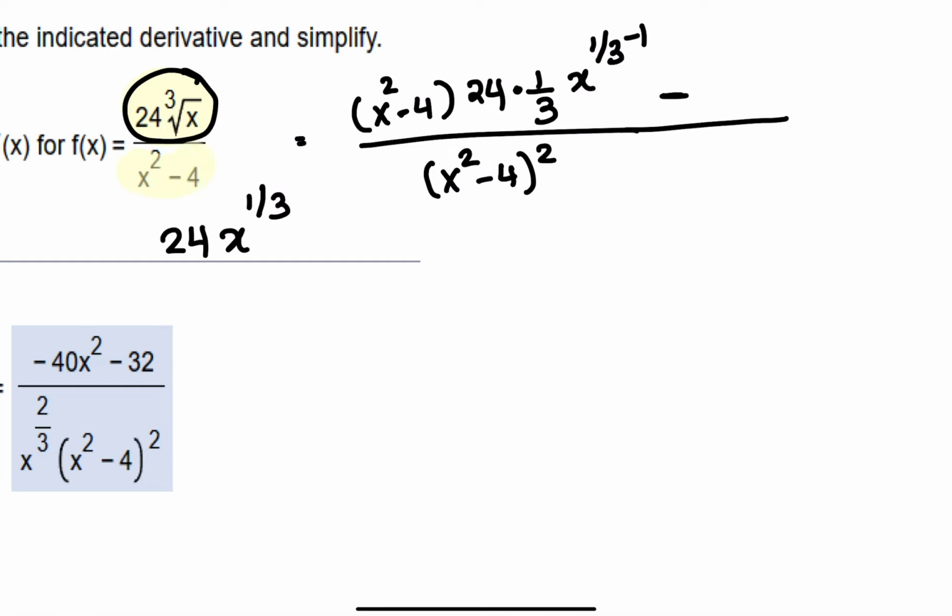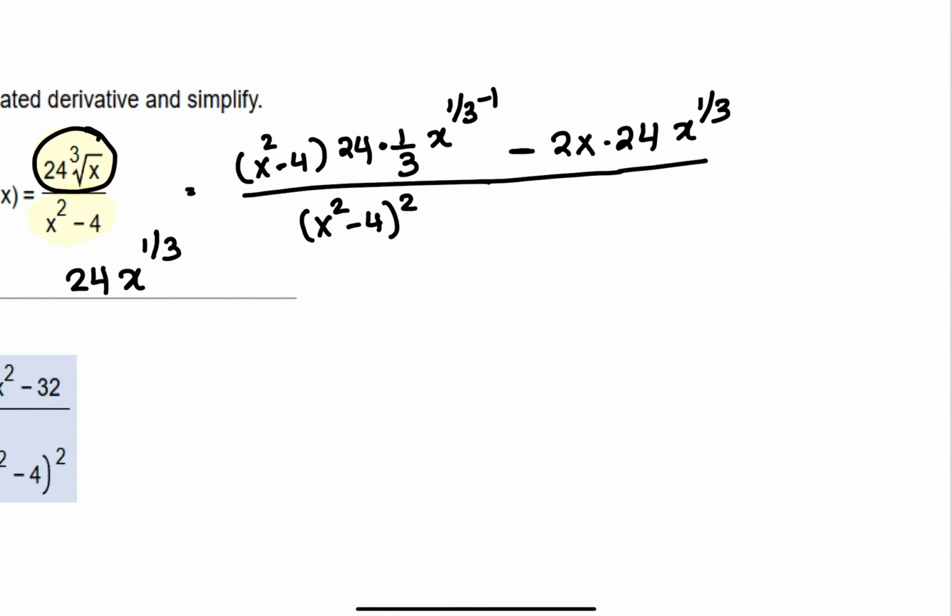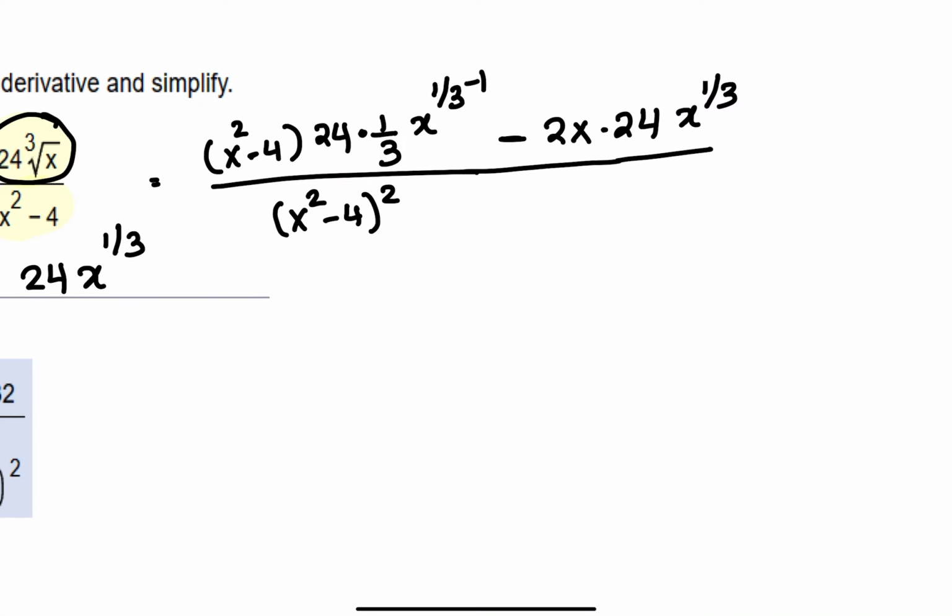minus the derivative of the denominator x squared, which is 2x because derivative of 4 is a constant, times 24 x to the power 1/3. I'm going to keep it as 1/3. You're going to see why in a second. So now I'm going to go ahead and simplify this. 24 and 3 cancel each other. So I have x squared minus 4 times 8.